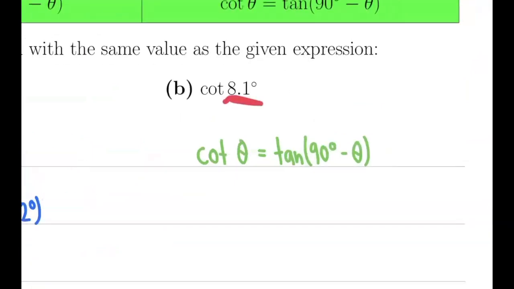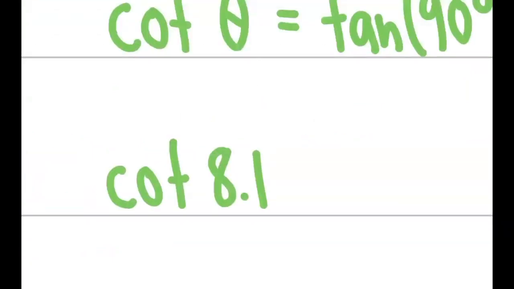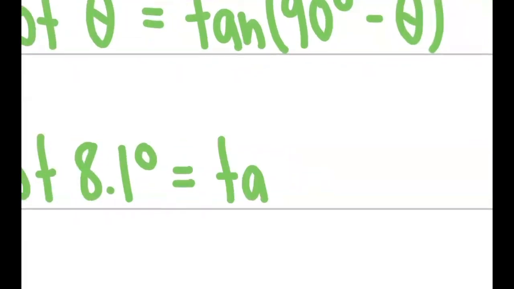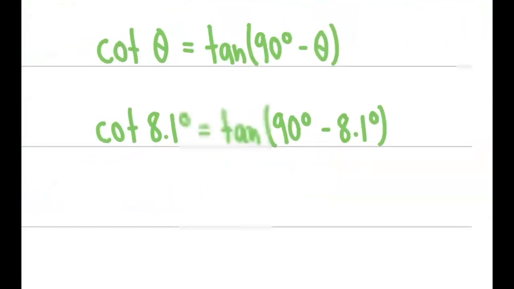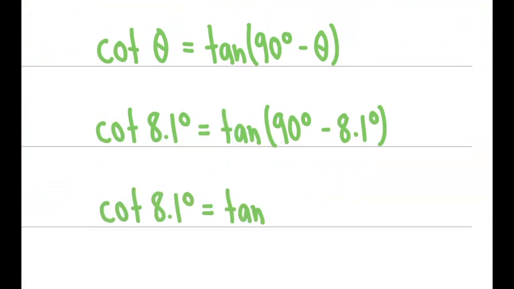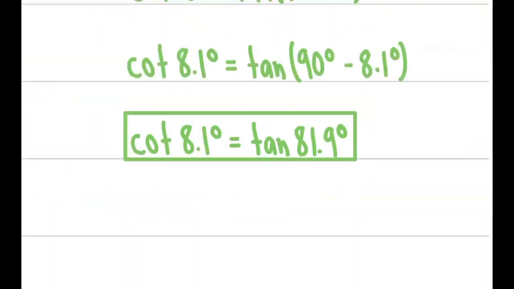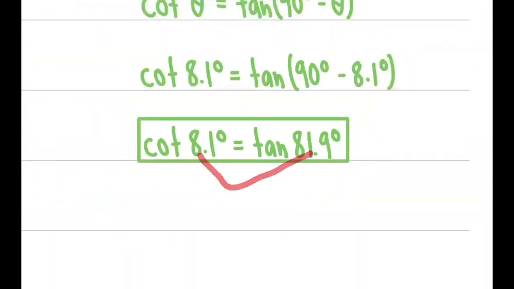So cotangent of 8.1 degrees equals tangent of 90 degrees minus 8.1 degrees. And 90 minus 8.1 is 81.9 degrees. And again, you can see 8.1 degrees and 81.9 degrees are complementary angles. They add up to 90 degrees.